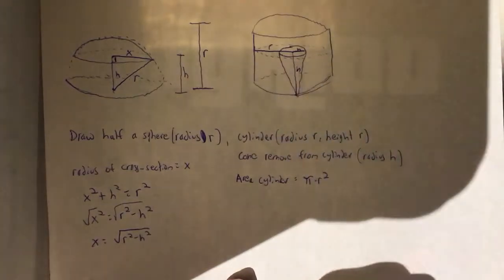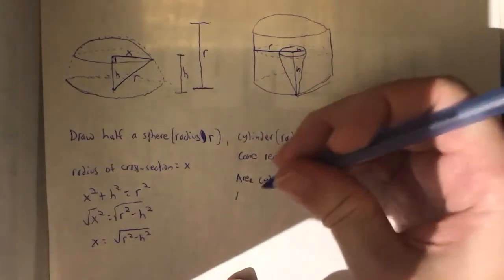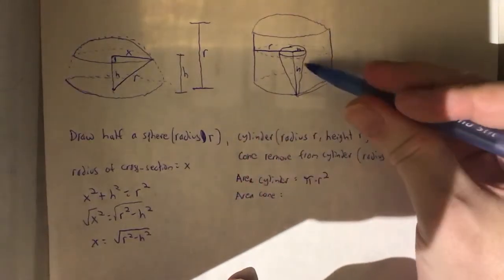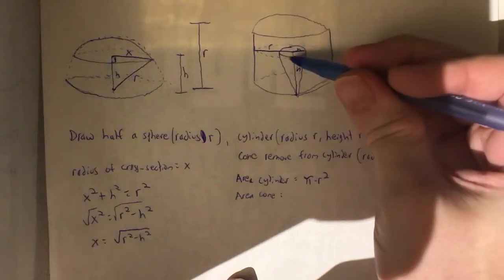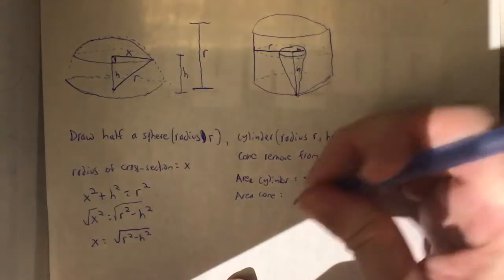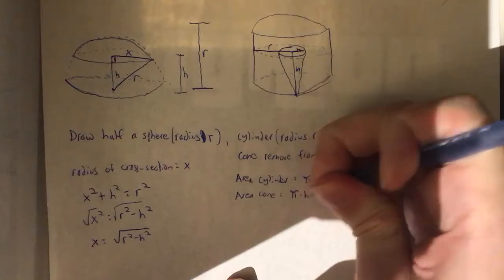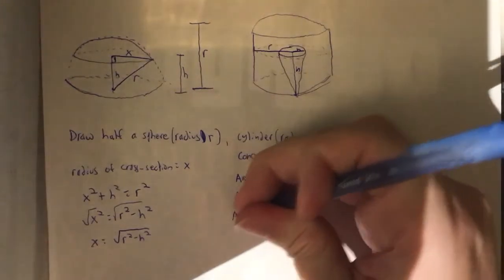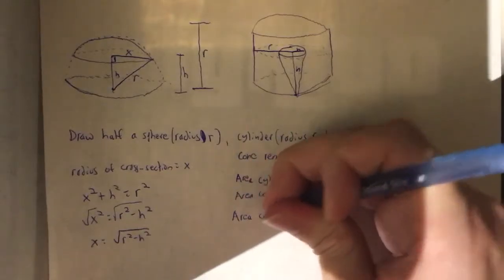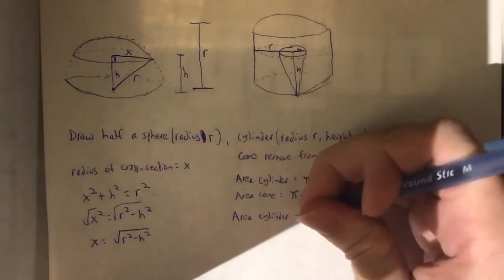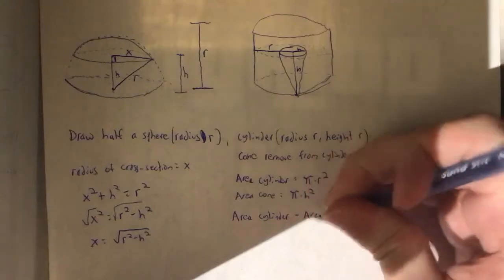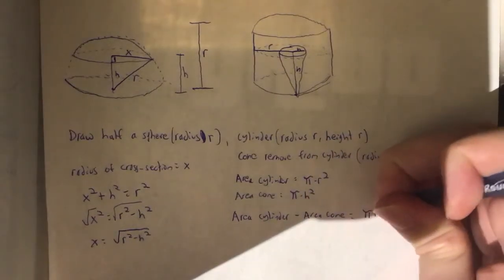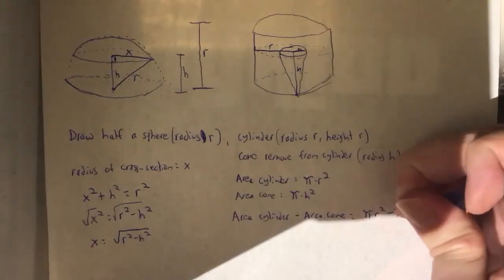For the cone, it has radius h, so the cross-section of this circle right here is just pi times h squared. So I can take the area of the cylinder and subtract the area of the cone. If I do that, it becomes pi r squared minus pi h squared.